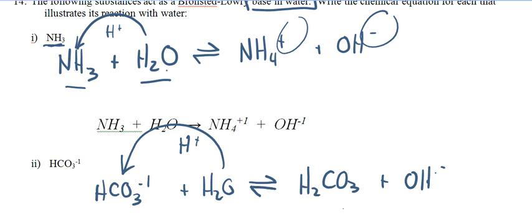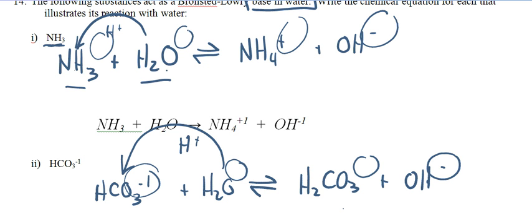Now, this has a charge of -1. This has no charge. This has no charge. This has a -1. What I want you to realize when writing these equations is that the charges on both sides of the equation should be the same when we add them together. So looking at part I, I have no charge plus no charge equals no charge.